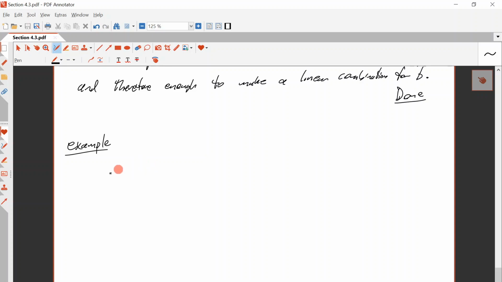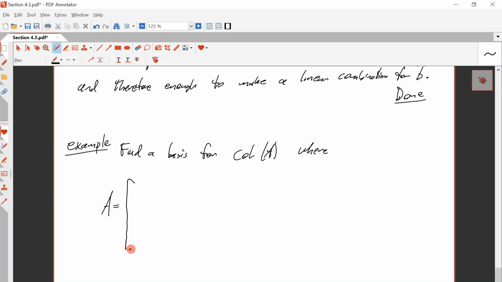So, for example, find a basis for the column space of A. It was on the first exam, but let me make something a little different.